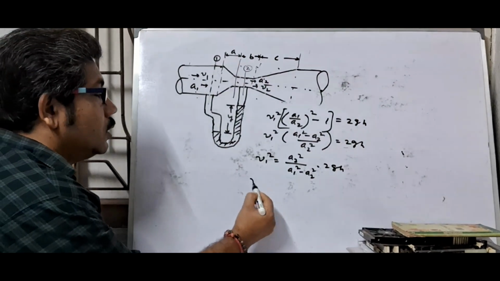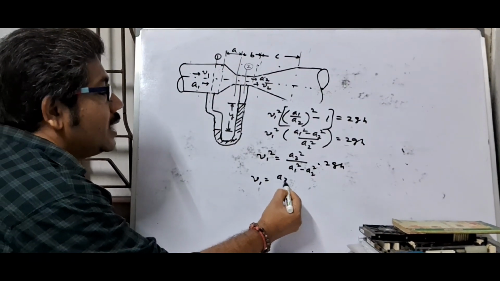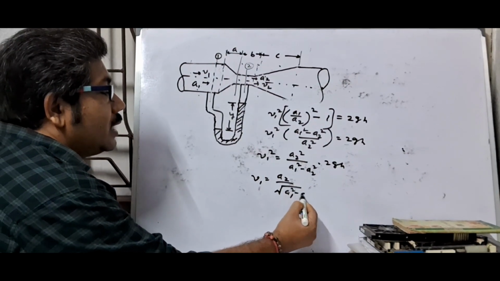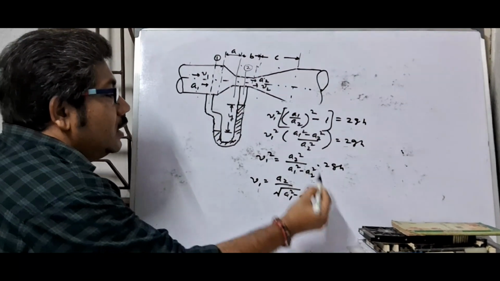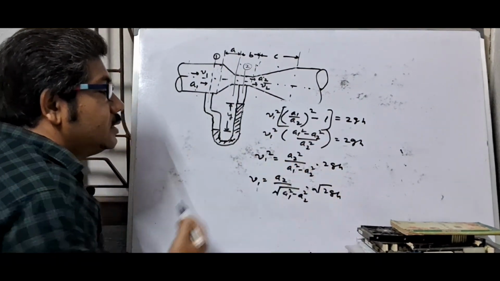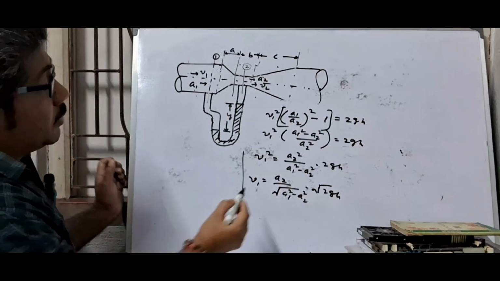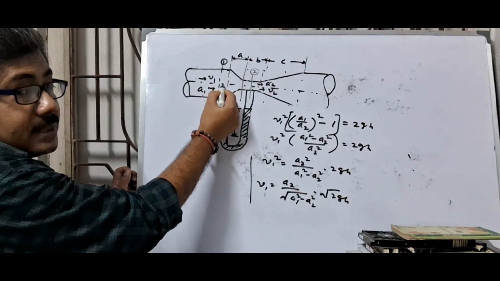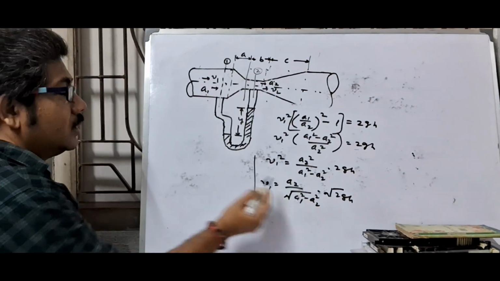So V1 equals A2 by root A1 square minus A2 square into root 2GH. This is the velocity at the pipe section, V1.